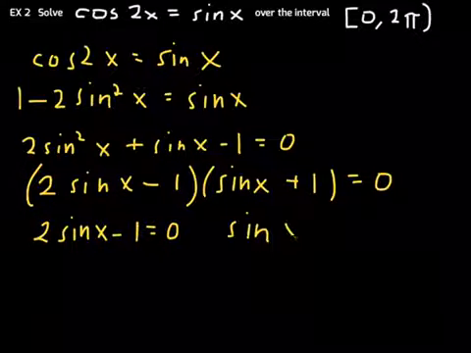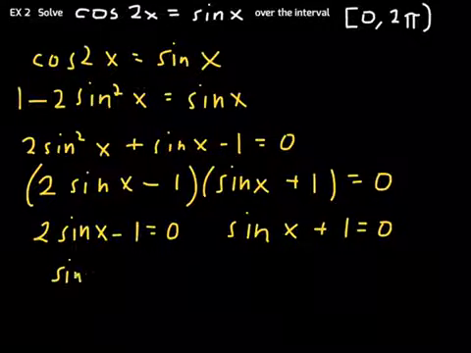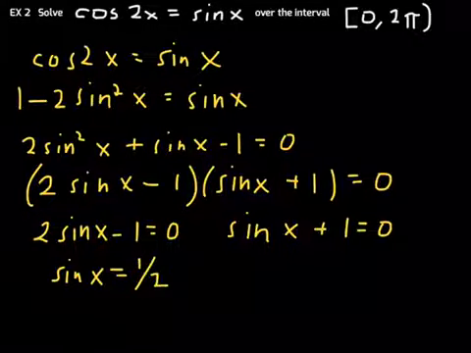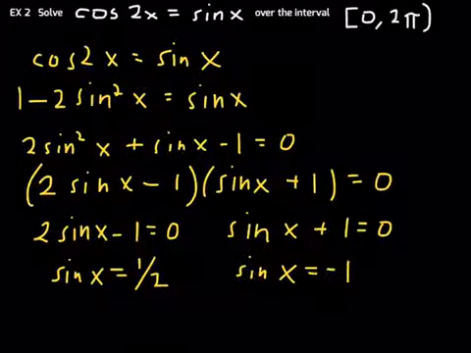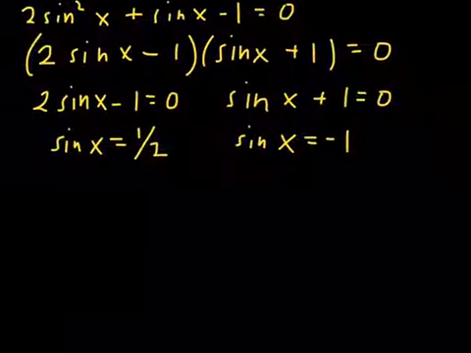When you set each factor equal to 0 and solve, over here you will get sine of x is equal to 1/2, of course after adding 1 and dividing by 2. And over here, you'll get sine of x is equal to -1. Okay, now, we're just about done, but I want you to think about your unit circle.